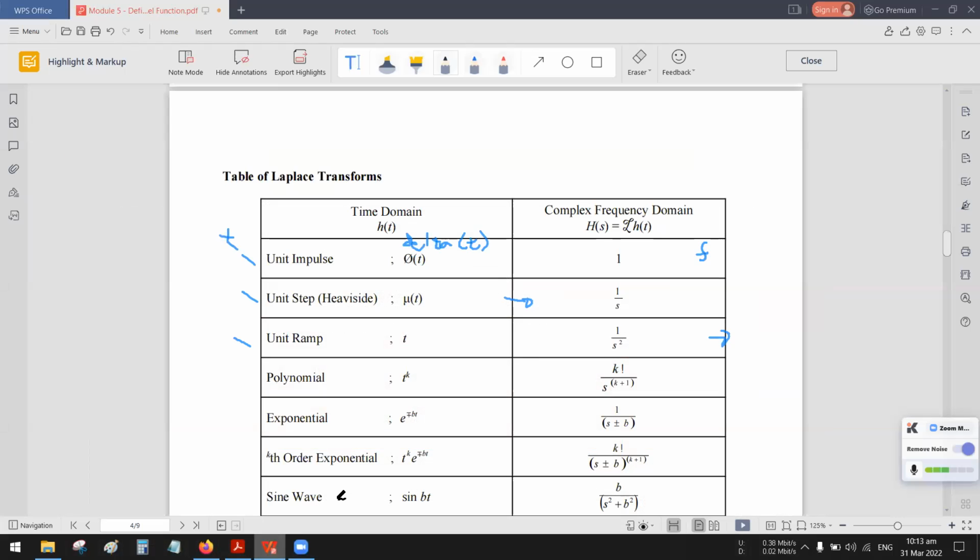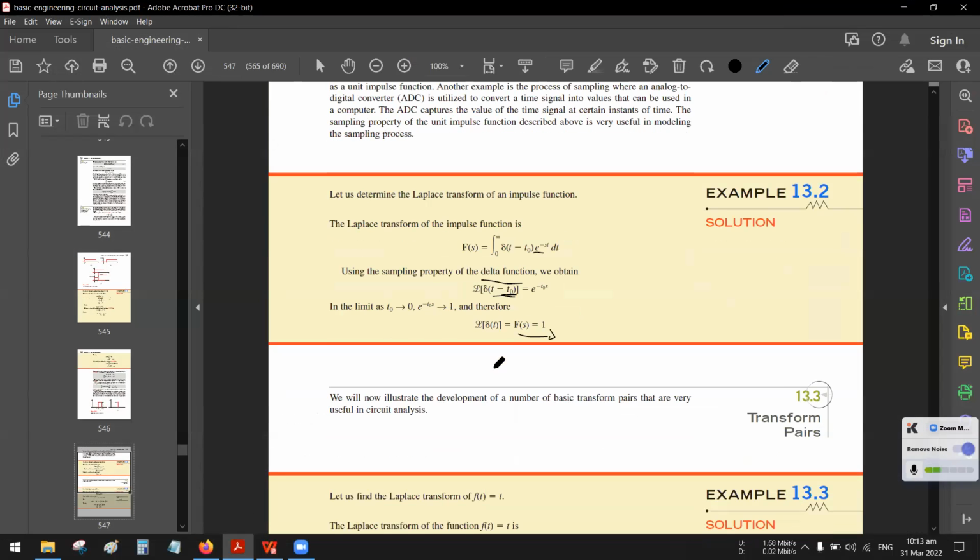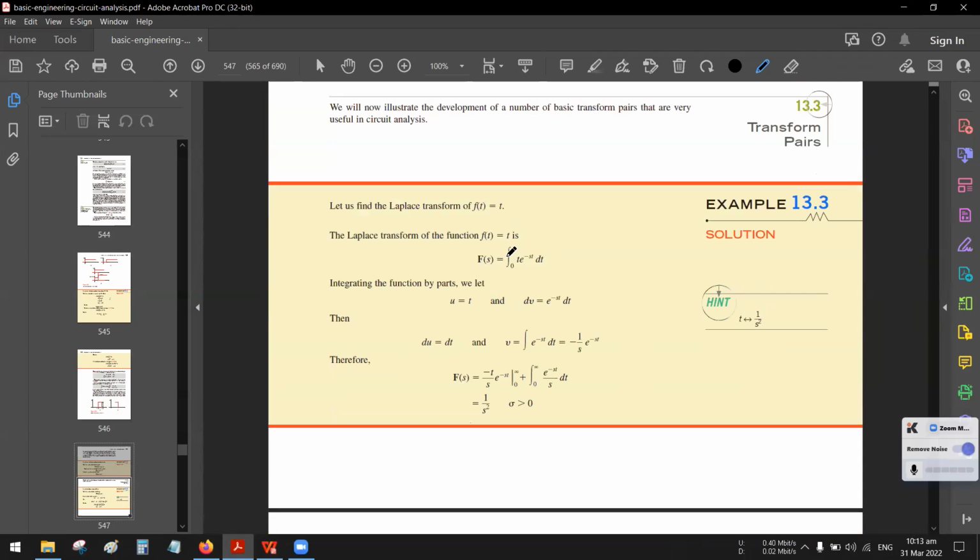Basically, ano lang to eh, this is just a mathematical part lang ng circuits sa Laplace. Ayan, 1 over s squared tayo. So of course, we still use the integral calculus for this case. Then, integration by parts. Alamin niyo naman kung ano yung integration by parts.